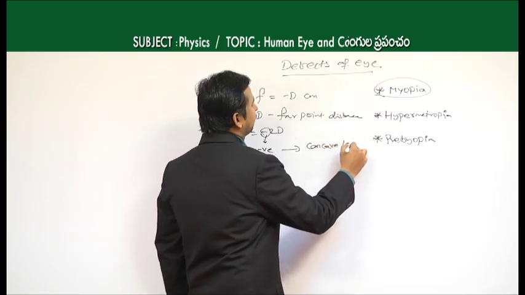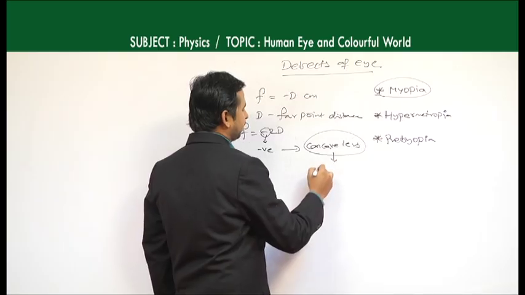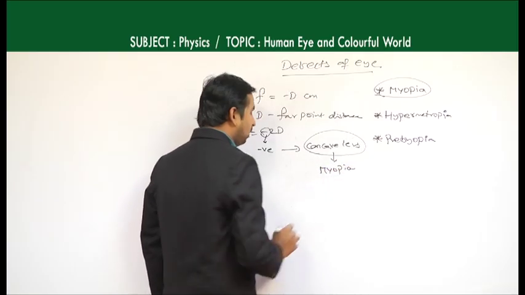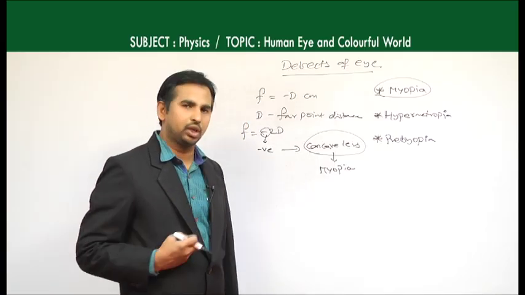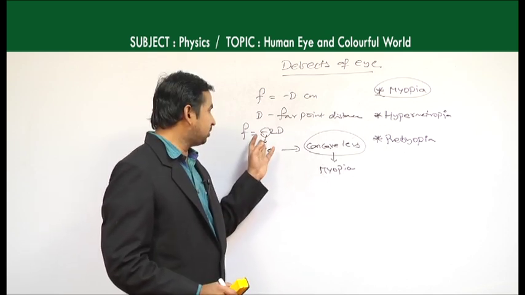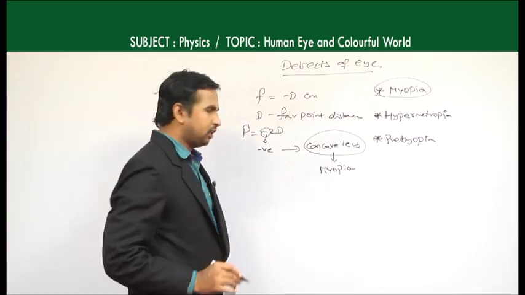A concave lens is used for short sight, which is called myopia. So, the given question is about short-sightedness. The first conclusion we get on seeing the minus sign in the power is that it is myopia.